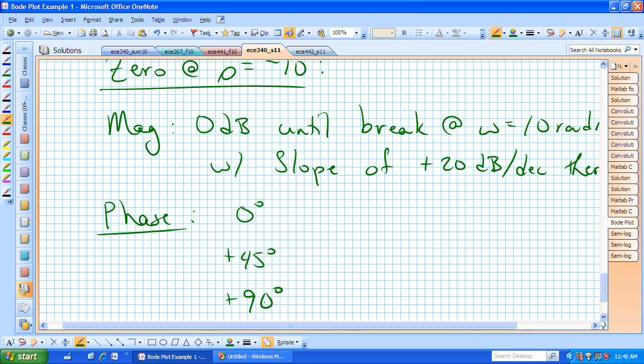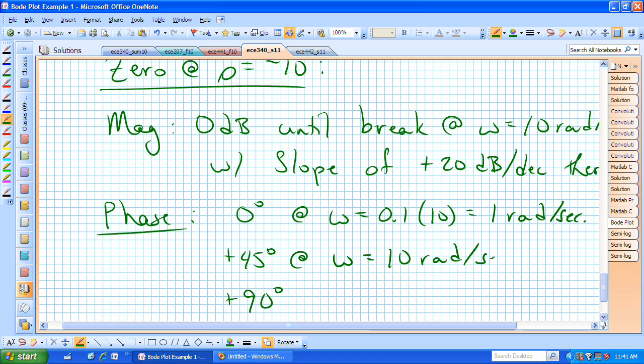It will be 0 degrees a decade before the break frequency, or it's going to start its slope change at 1 radian per second. It will be contributing plus 45 degrees right at the break frequency, which is 10 radians per second.